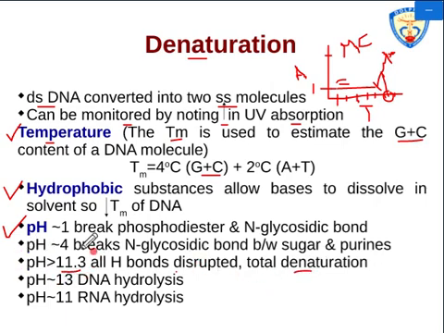So above 11.3, the hydrogen bonds will get disrupted and the DNA will denature. When you take this pH to about 13, hydrolysis of DNA sample takes place. The nitrogenous bases will be free and they will give you maximum absorption at 260 nanometers.